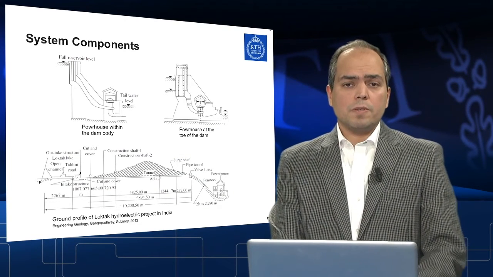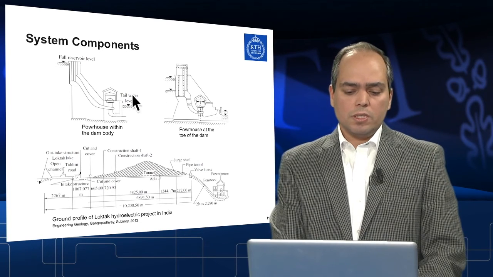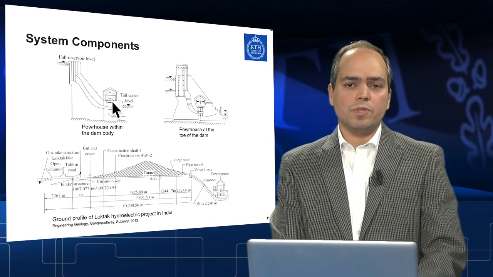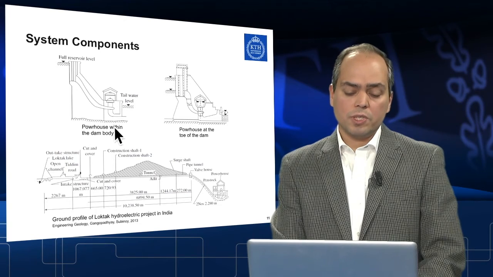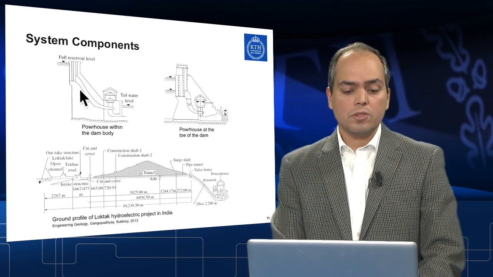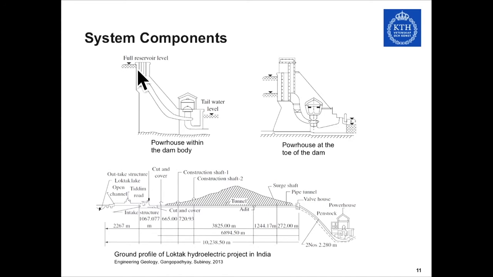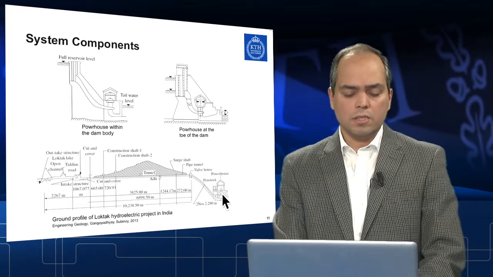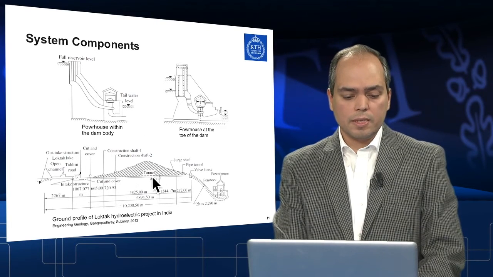The power station itself can have different placements. For example, here the powerhouse is within the dam body, as you can see. This is the full reservoir level, and this is the powerhouse itself. And here, the powerhouse is located at the toe of the dam. The powerhouse could also be located somewhere else along the system.